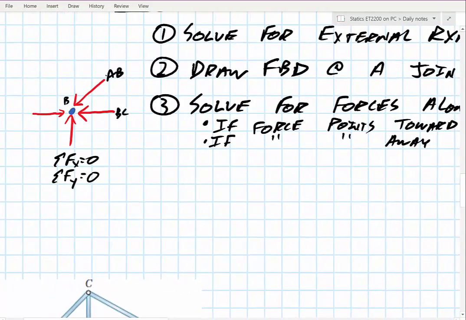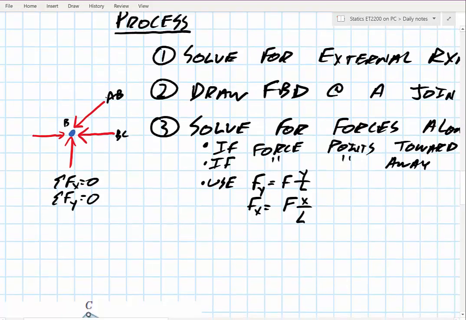The other thing that will really help you out is this idea of finding your components using the length of each side. So each force in the y direction is equal to the total force times the y distance over the hypotenuse, and in the x direction, x over the hypotenuse.